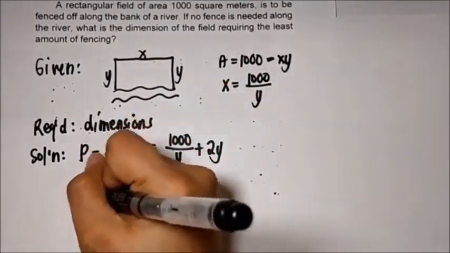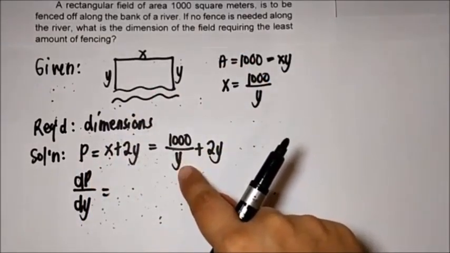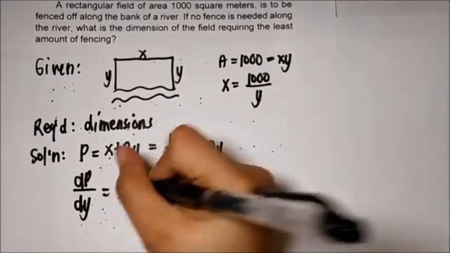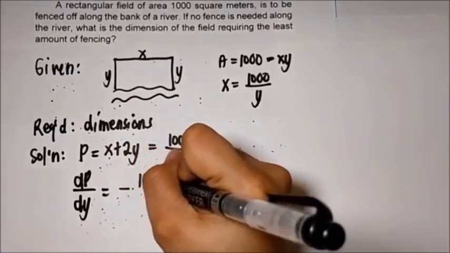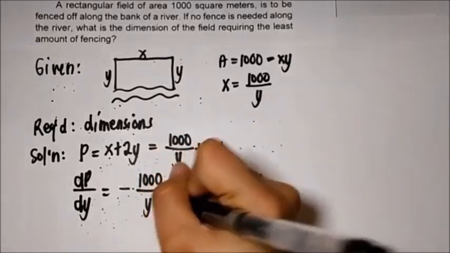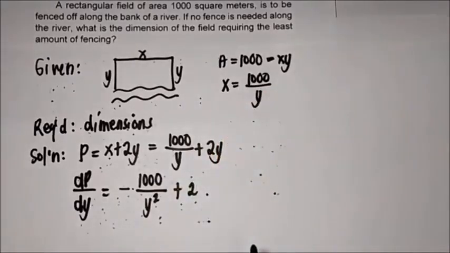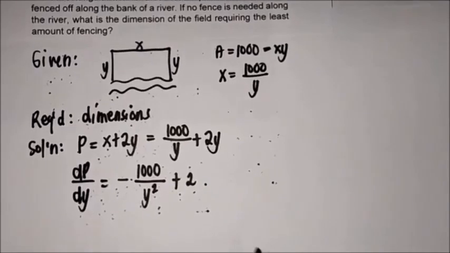The derivative of P with respect to y: 1,000 over y is equal to 1,000 y raised to negative 1, so the derivative of that is negative 1,000 y raised to negative 2, or negative 1,000 over y squared. The derivative of 2y is 2. And since we want the least amount of fencing, we will be having a minimum perimeter.